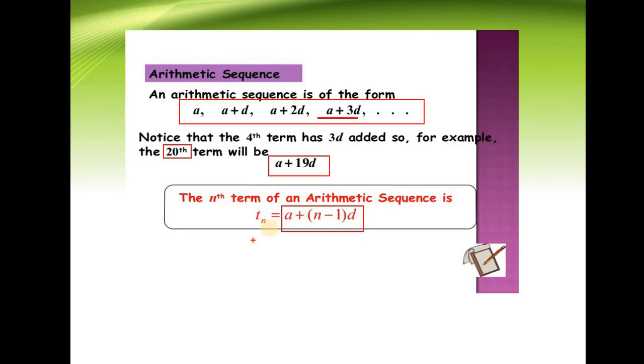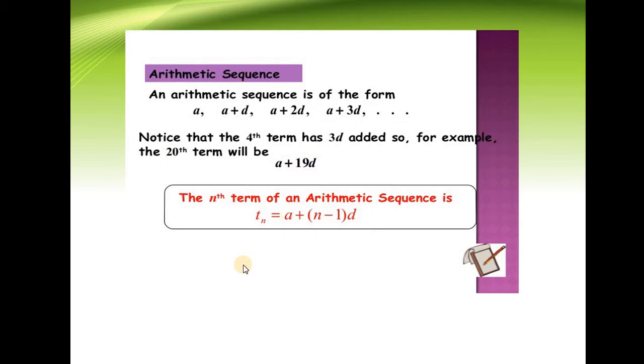That nth term is denoted by Tn or an. So this is the formula to find the nth term or general term of any arithmetic sequence. So here we see the standard form of an arithmetic sequence, the 20th term of that arithmetic sequence, and the nth term of that arithmetic sequence.